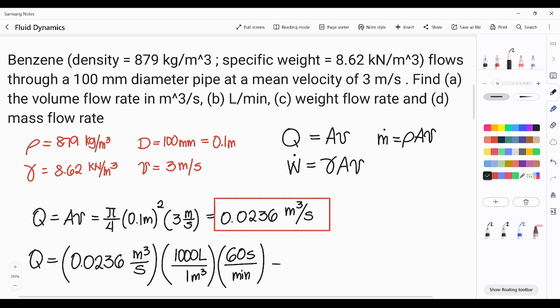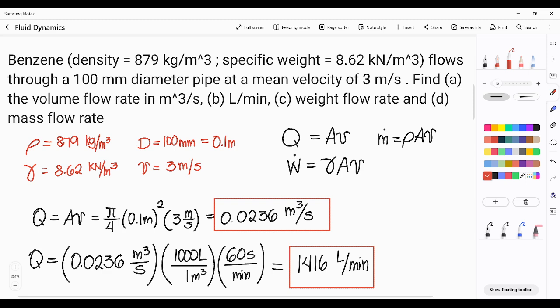Pressing that into our calculator, we will arrive at a value of 1416 liters per minute. This is the answer for letter B, our volume flow rate in liters per minute, or LPM.